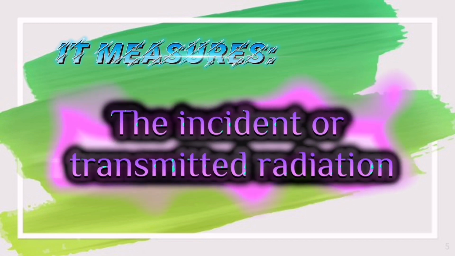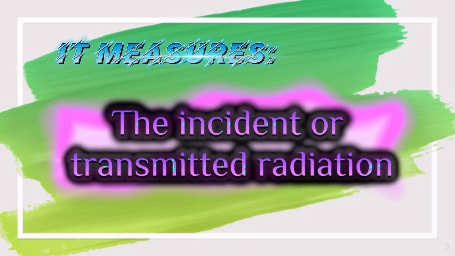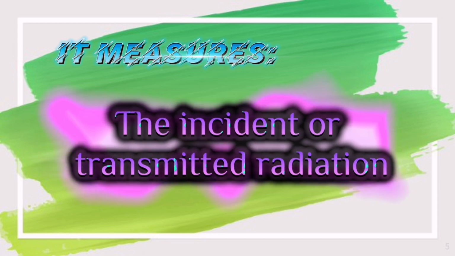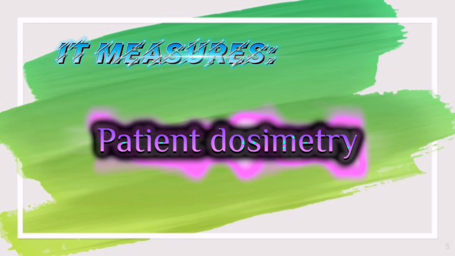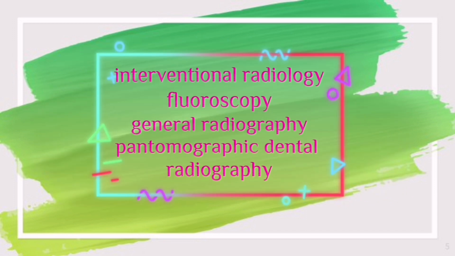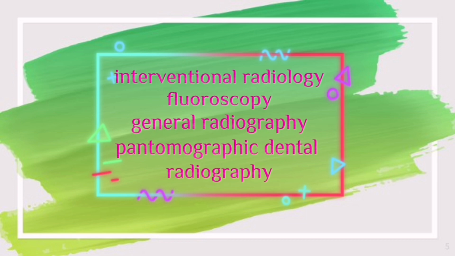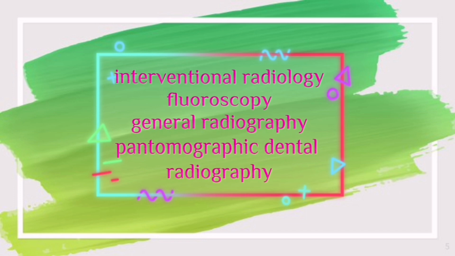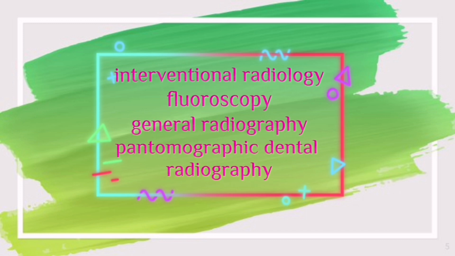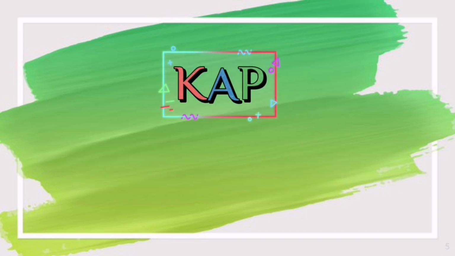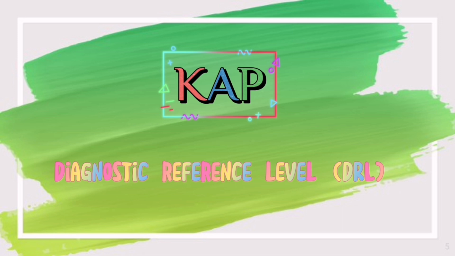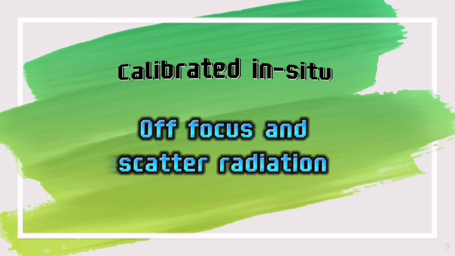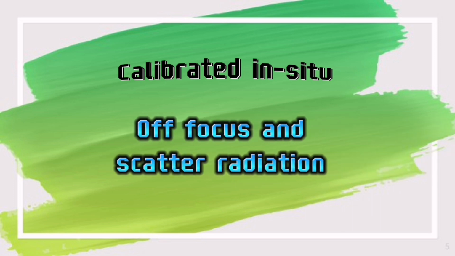It measures the incident radiation or the transmitted radiation and is also used for patient dosimetry in interventional radiology, fluoroscopy, general radiography, and pantomographic dental radiography. This is why KAP is recorded for Diagnostic Reference Levels or DRL. However, it should be calibrated in situ due to the presence of off-focus and scattered radiation.